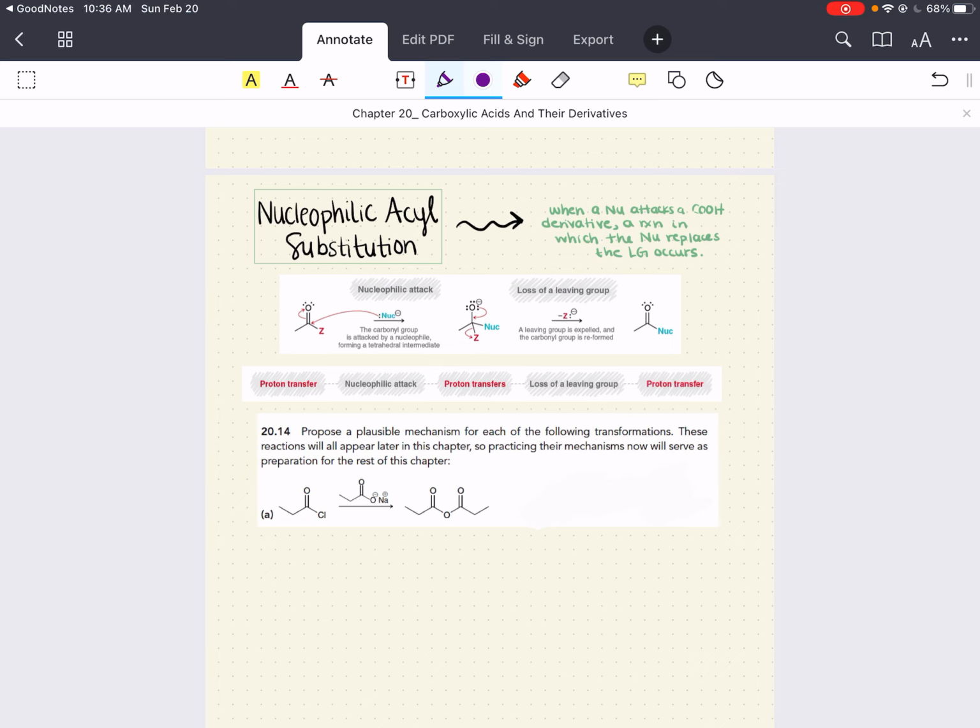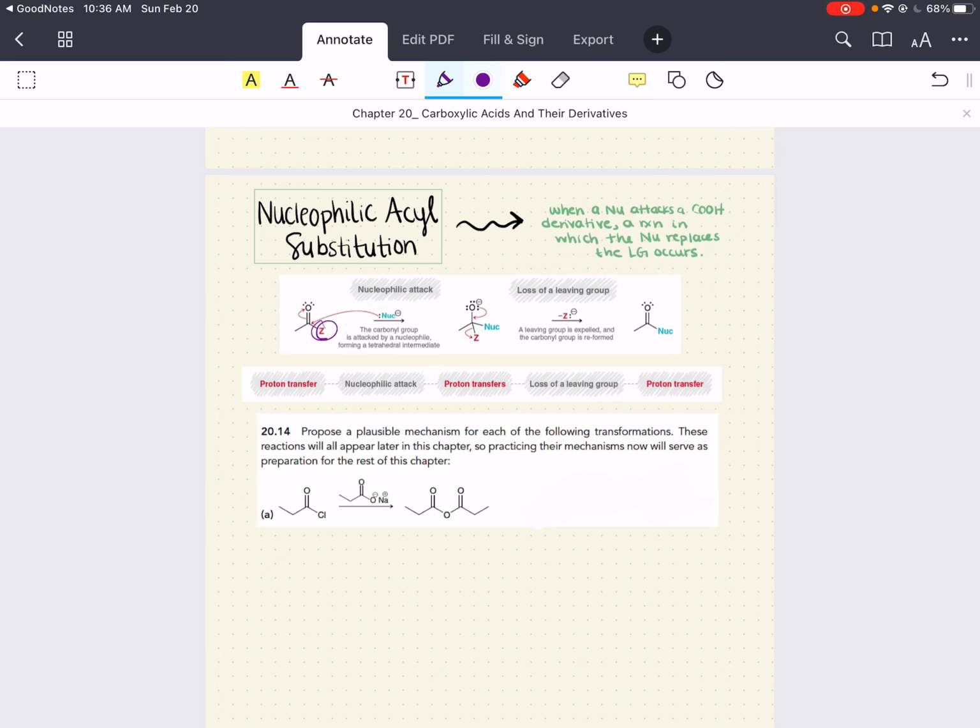But there is one critical difference between carboxylic acid derivatives and ketones and aldehydes. Specifically, carboxylic acid derivatives possess a heteroatom, whether it be a halide or an amide group.